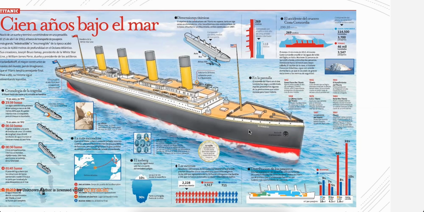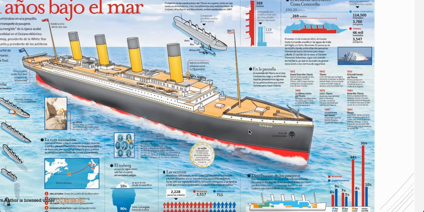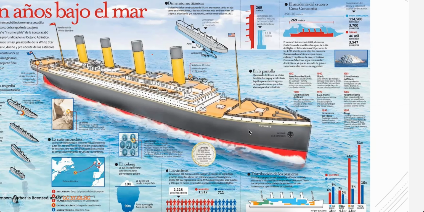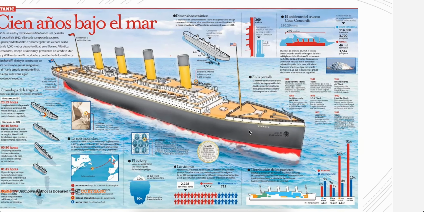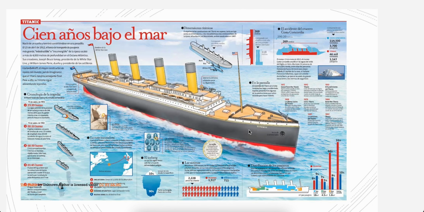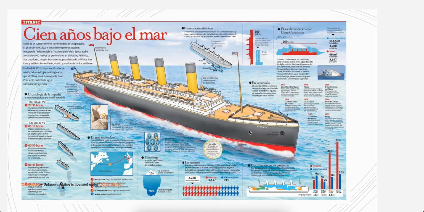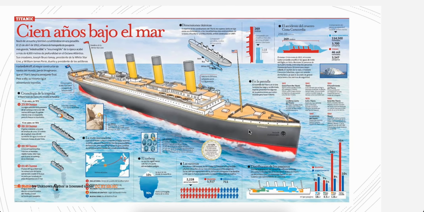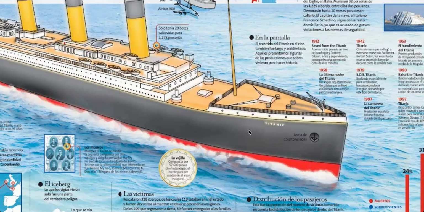So what happened here? At that time, this was considered to be the most robust ship, built very, very strong. They used to say that this ship can never break.